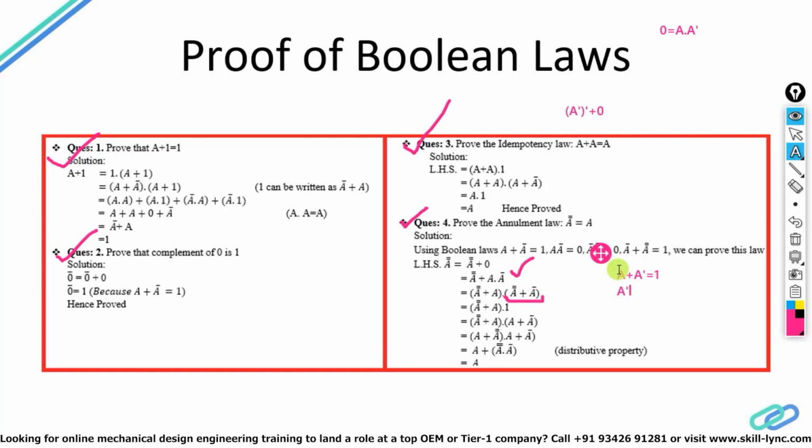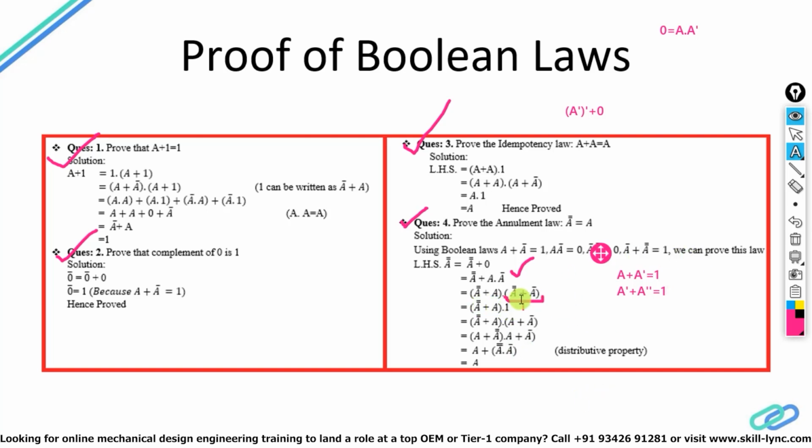So a number plus its complement. Its complement is, because A bar is the original number, A double bar. It should be equal to 1. The same thing is repeating here also: A double bar plus A bar equal to 1. That's why we have written it as A double bar plus A into 1.